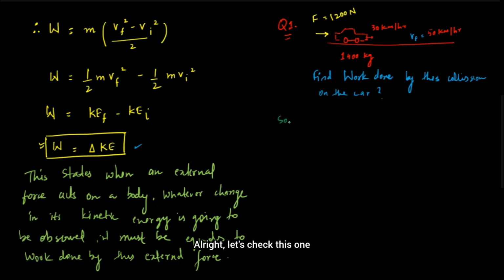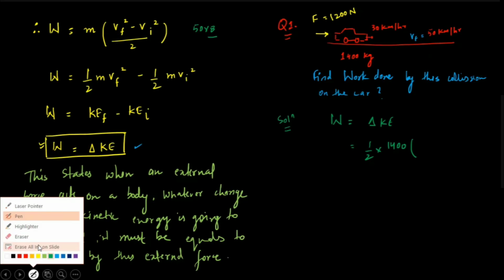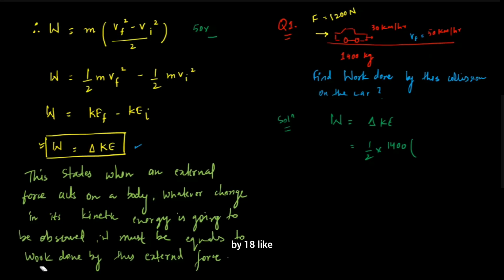All right. Let's check this once. So whatever work is being done here, it must be equal to the change in kinetic energy produced due to that collision. It must be equal to half times 1400 times, now we have to change the velocities into meters per second to get the answer in joules. So 50 kilometers per hour can be written as 50 into 5 by 18.